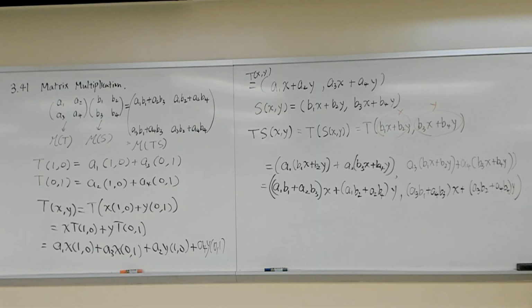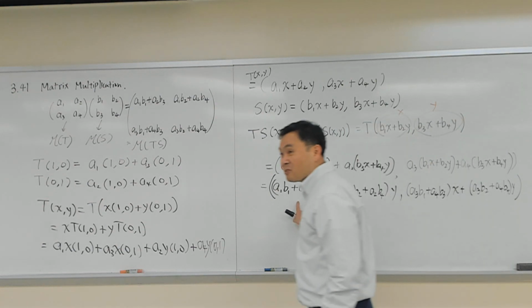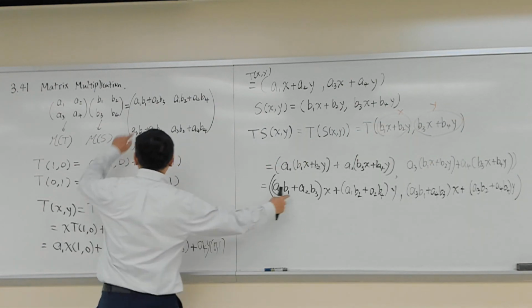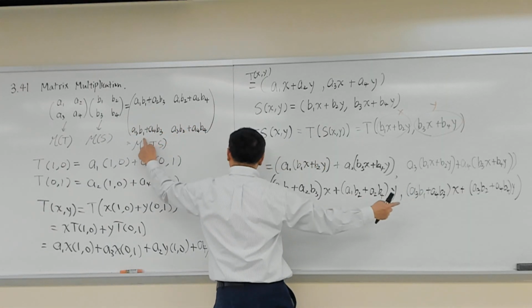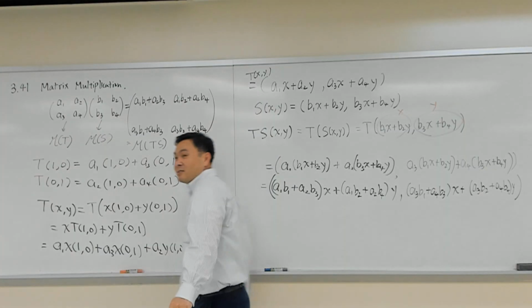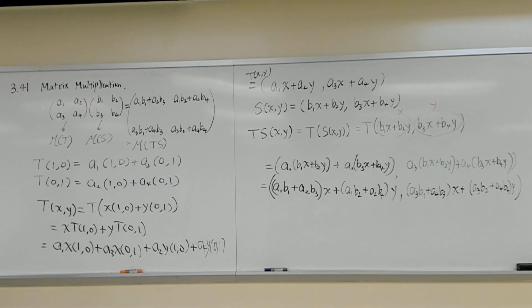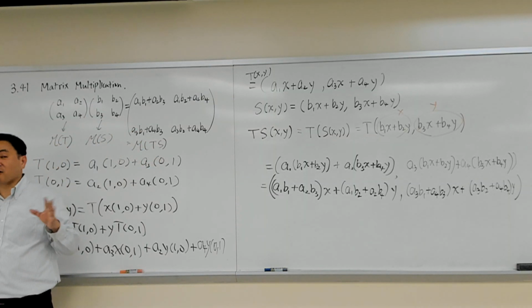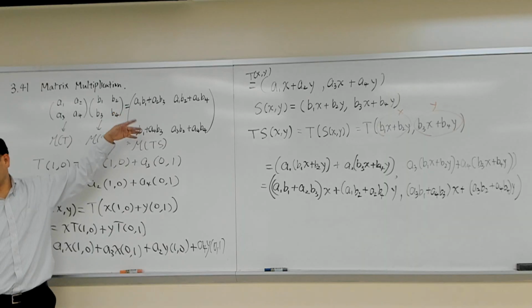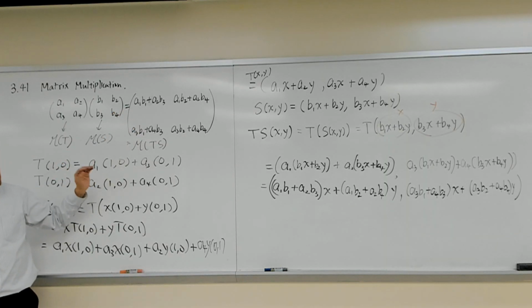Okay, now do you recognize the formulas here? This is exactly this guy, right? This is exactly this one. This is this. This is this. So that's why matrix multiplication is written in such a weird way. If you ever wondered why people multiply matrices this way, it's done so that this is true.